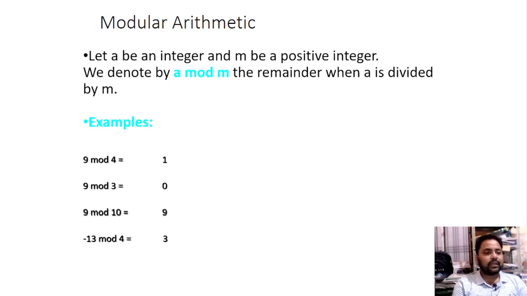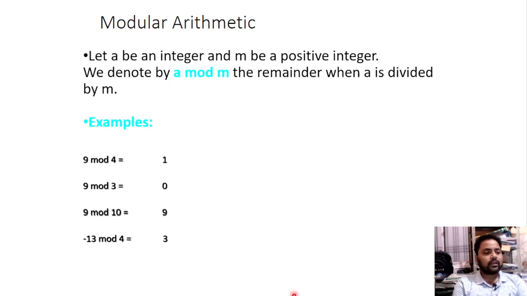So if m divides a, it gives a remainder, in the form like 9 mod 4. It means when 9 is divided by 4 it gives remainder 1. Same, 9 mod 3 means when 3 divides 9 it gives remainder 0.